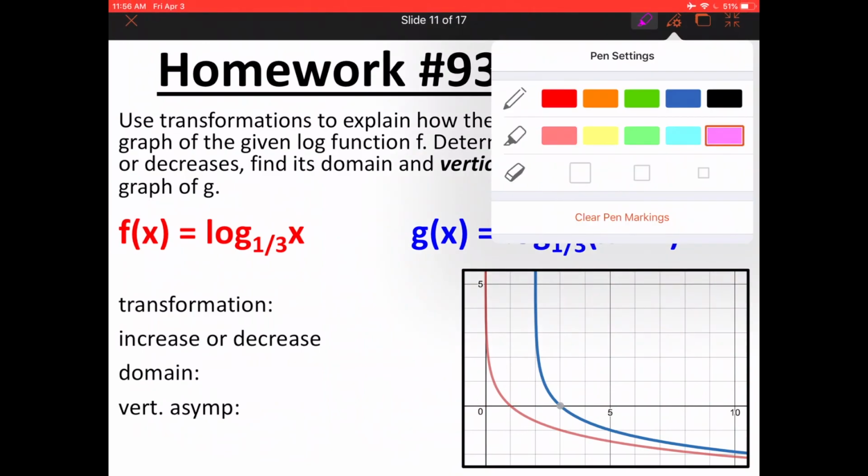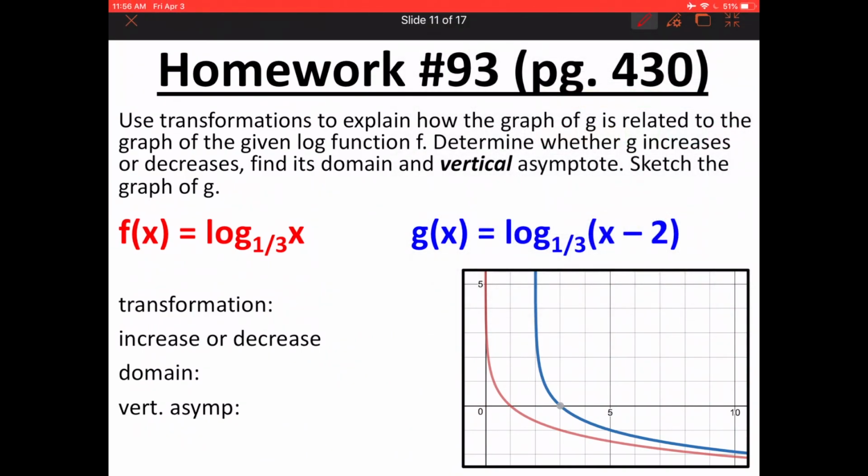So for my first example, use transformations to explain how the graph of g is related to the graph of the given function f. Determine whether g is increasing or decreasing. Find the domain and the vertical asymptote. Sketch the graph of g.